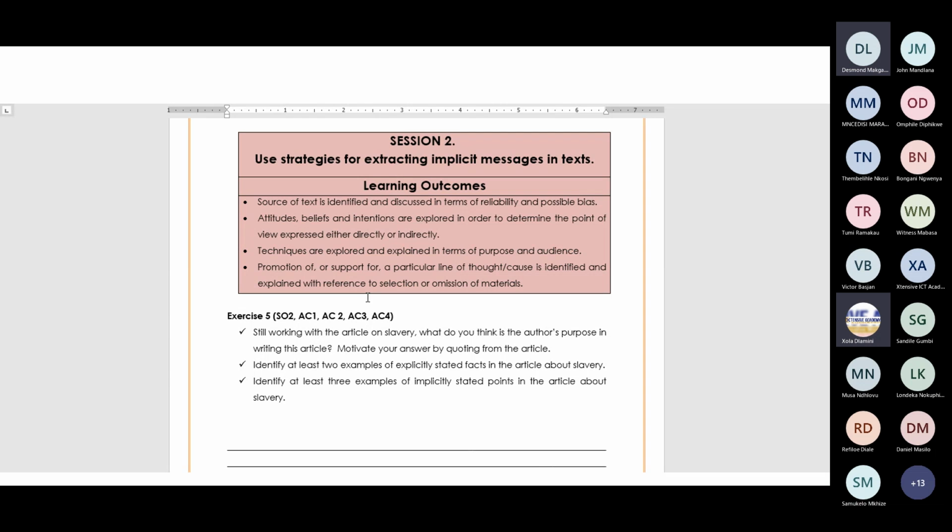Right, so these are still individual exercises. You don't need to do them in groups. Still working with the article on slavery. We're asking you there, what do you think is the author's purpose in writing this article?